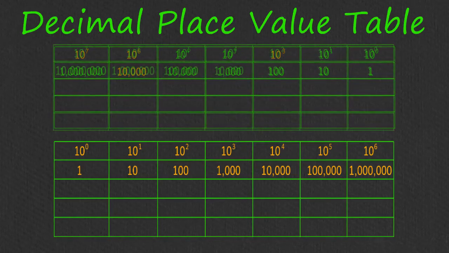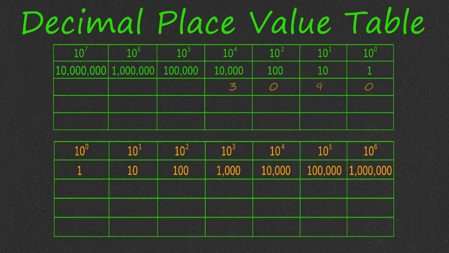For example, using 3090 in a place value table that is missing the thousands, you would misplace the 3 into the 10,000 column. It is worth reading the number out loud once it is placed into the table, so you could spot a mistake like this, as your number is 3000, not 30,000.